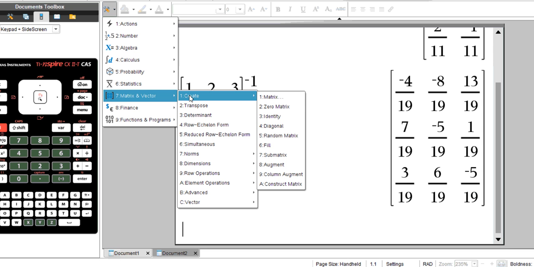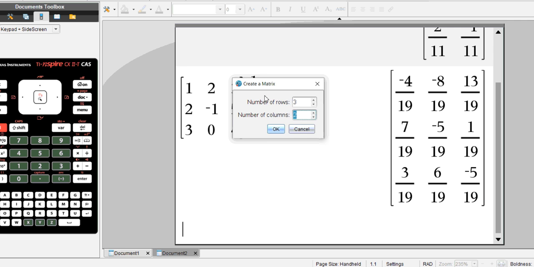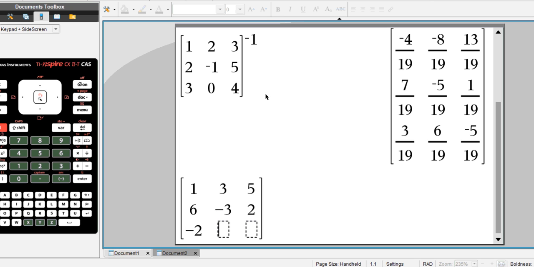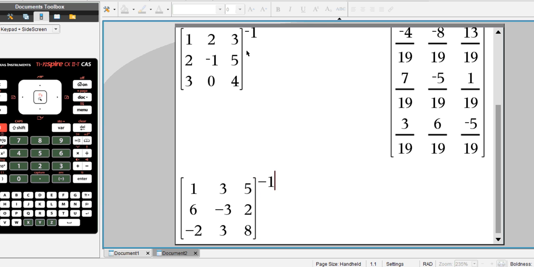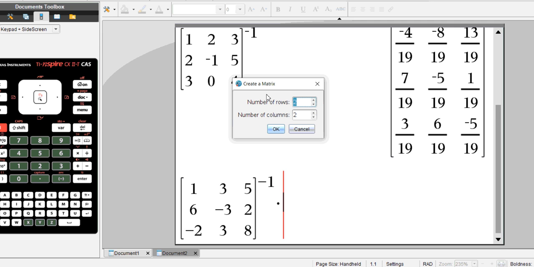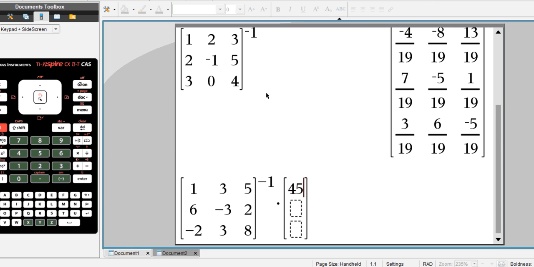Let's make a 3 by 3 matrix. That 3 by 3 matrix is 1, 3, 5, 6, negative 3, 2, negative 2, 3, 8. We want to find the inverse of that matrix, and we want to multiply it by a 3 by 1, and that's 45, negative 10, and 72.